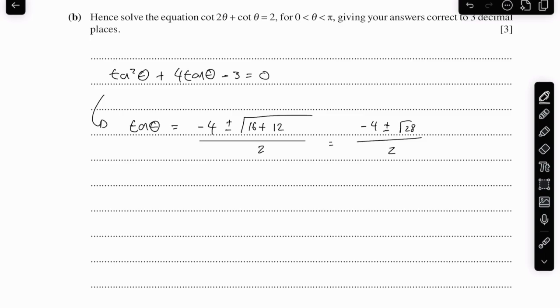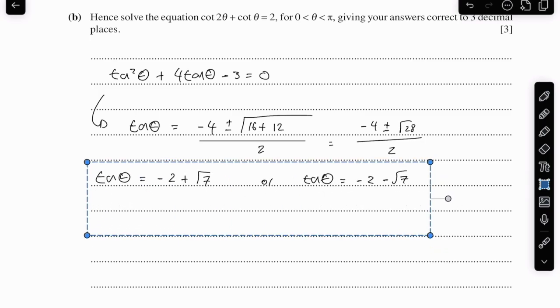So what does that give us then? Well, if we simplify this out, we get tan theta is equal to minus 2 plus root 7, or tan theta is equal to minus 2 minus root 7.